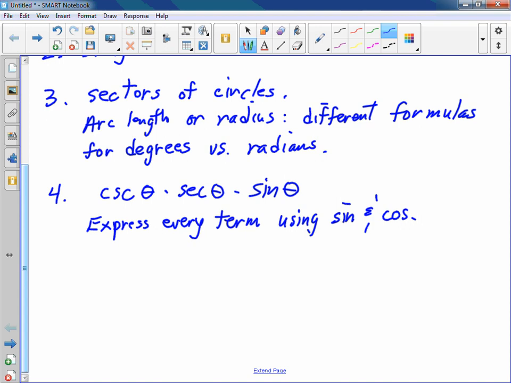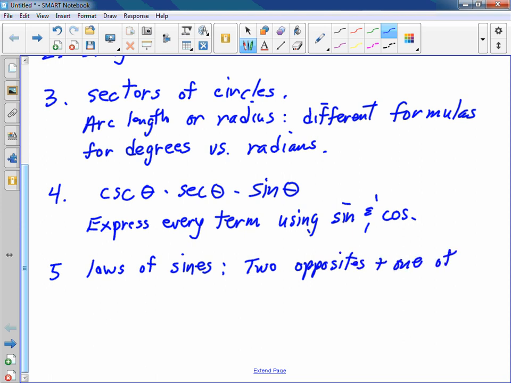We will be doing lots of stuff on this test with the laws of sines. And just realize you use law of sines when you know two opposites plus one other.